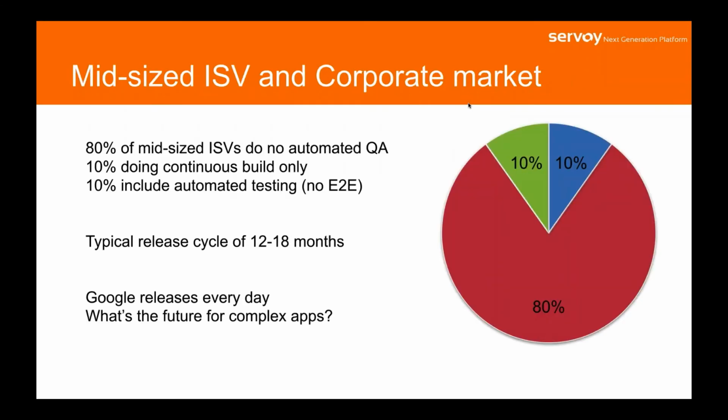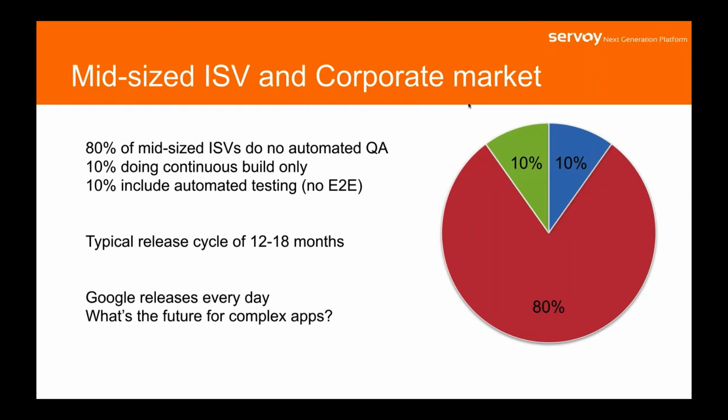Now, you're not alone out there. If you think, hey, I would love to start implementing new ways of working, 80% or even more of mid-sized ISVs do not do automated quality assurance, unit testing or end-to-end testing.